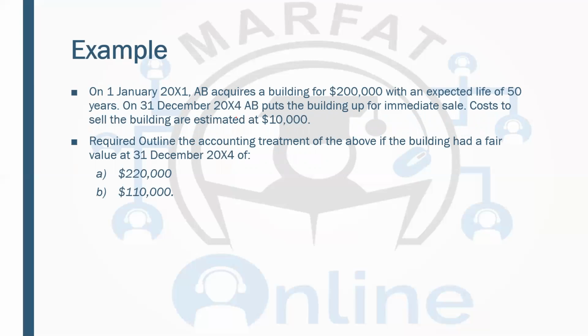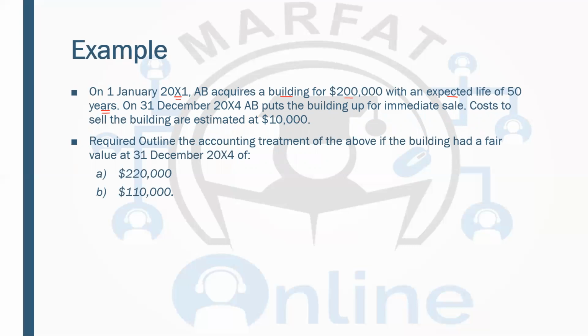Then you have another example. On 1st January 2001, AB acquires a building for 200,000 with an expected life of 50 years. All right. So they bought the asset on 1st January 2001. It's a building, 200,000, expected life of 50 years.